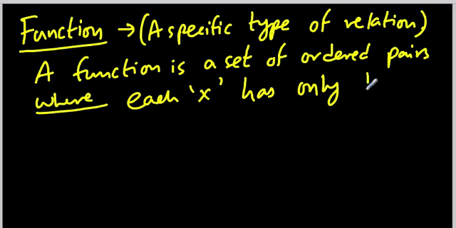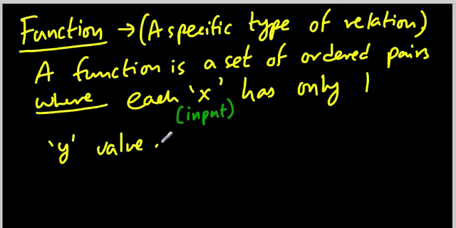And by the way, we call the x values the input, and we call the y values the output. So in other words, for every input, we only have one output.